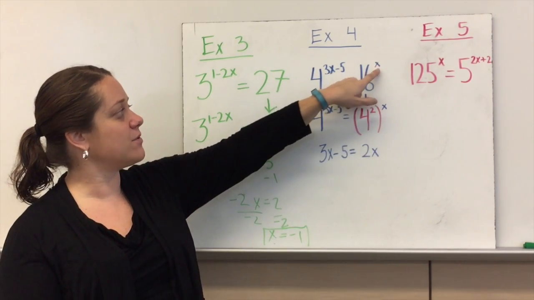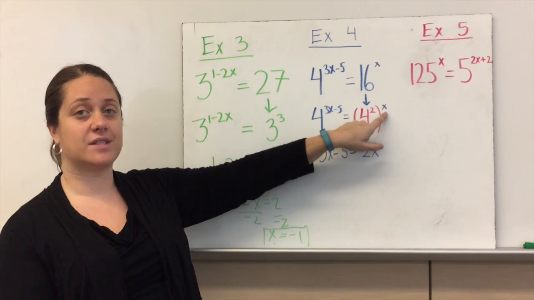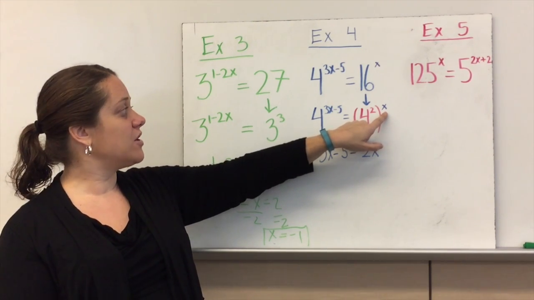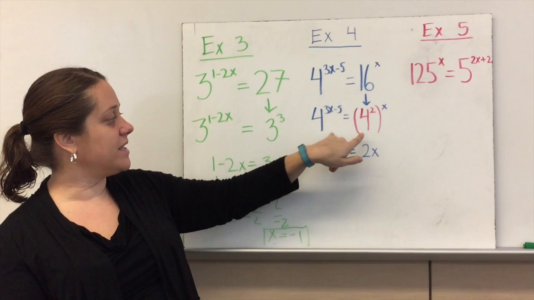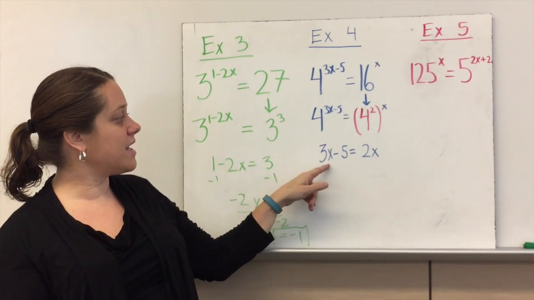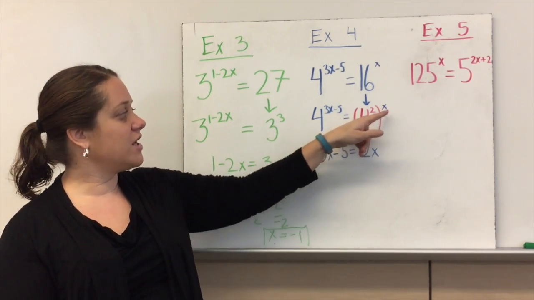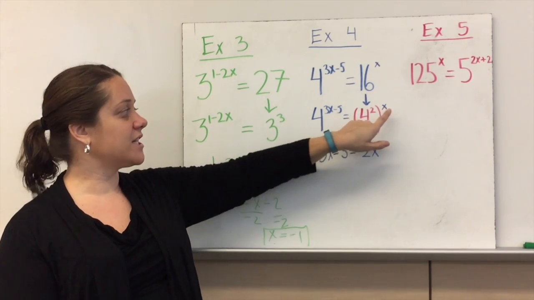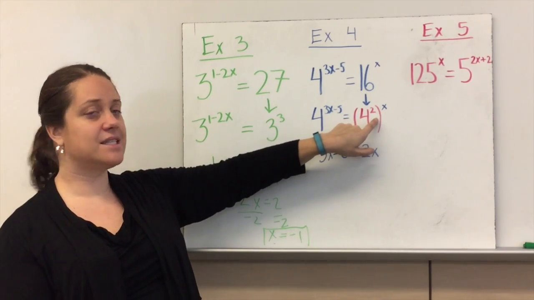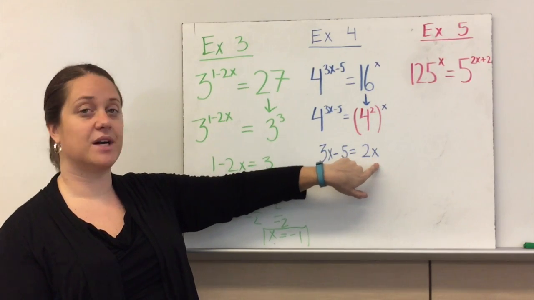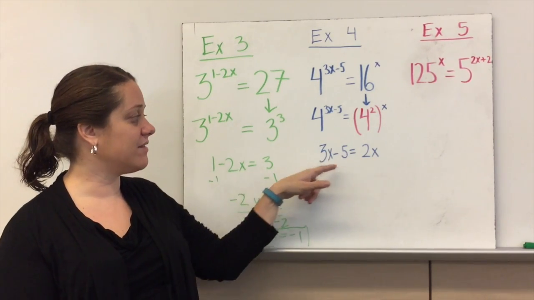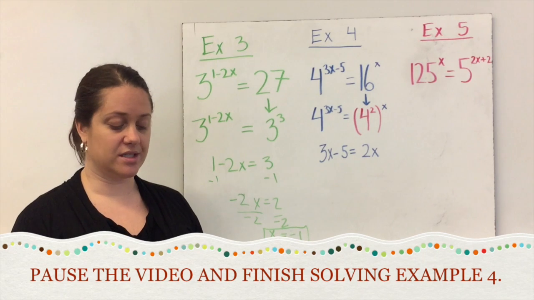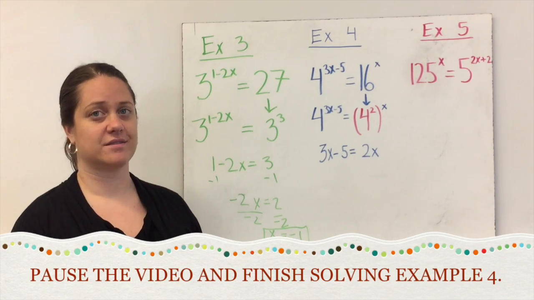And if it already has an exponent, I just keep that exponent outside of the parentheses. So now when I move down, I now have the bases equal, and I say 3x minus 5, and then I use the rule that when you have an exponent outside of the parentheses and inside of the parentheses, I just multiply them together. So now I have this simple equation, so pause the video and solve that equation.